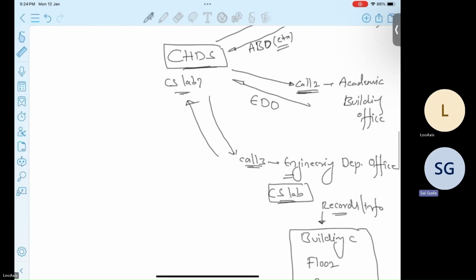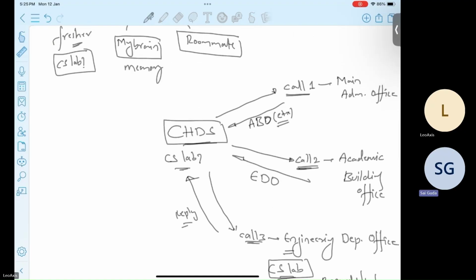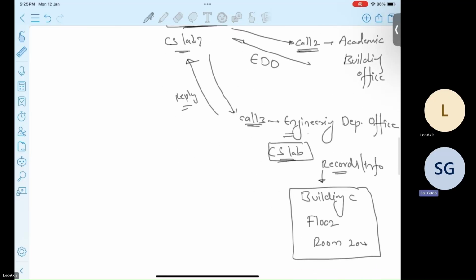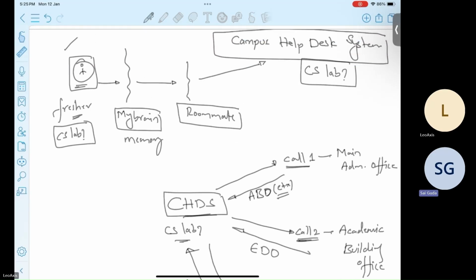So they reply to the campus help desk system. After getting the reply from the engineering department office with this proper information, the campus help desk system is responding back to you, giving the exact location of the computer science lab.